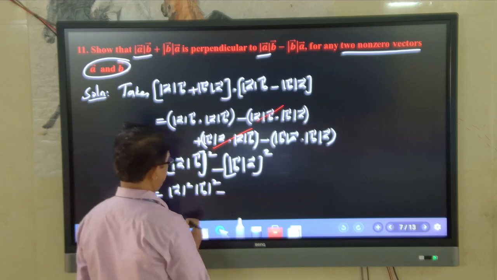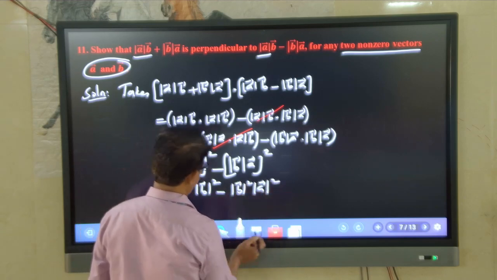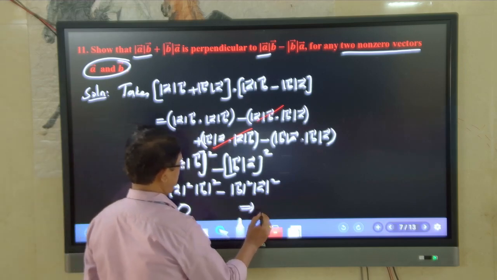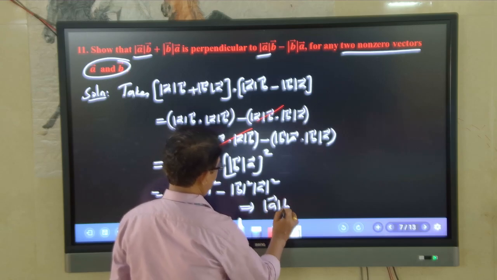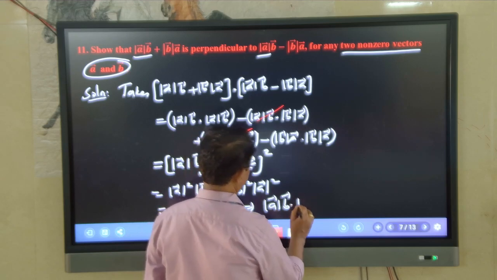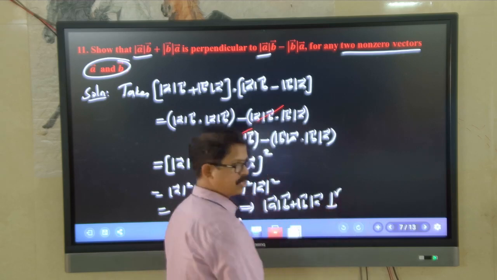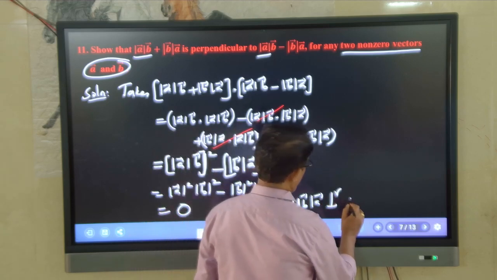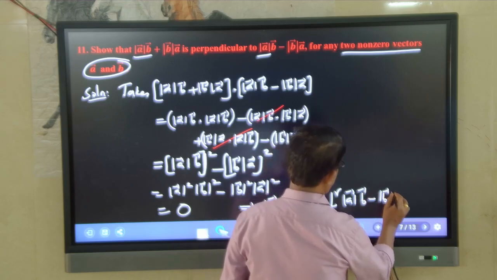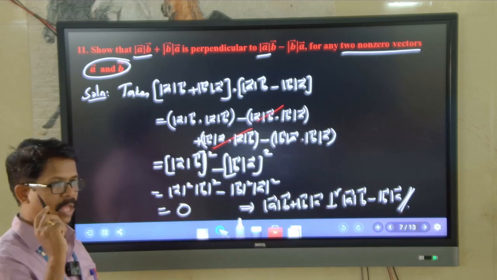That is equal to what? 0. Then what is the meaning of that? Which implies that |a|b + |b|a is perpendicular to |a|b − |b|a. Understood? Any doubts? Can I go to the next question?